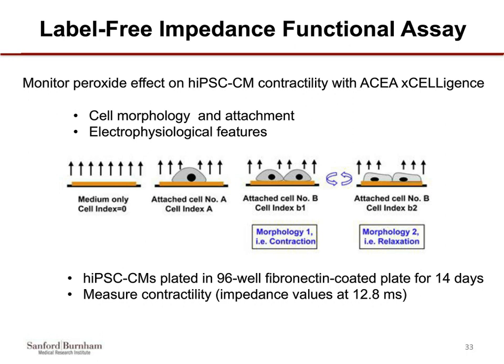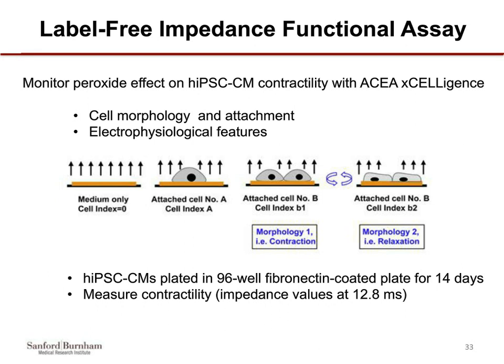So these stem cells are plated in 96-well fibronectin-coated plates for 14 days. This establishes a very nice beating pattern over those times, and then we measure the contractility, which is an impedance value at a resolution such that the system can pick up the shape change in these cells as the cells contract and relax.